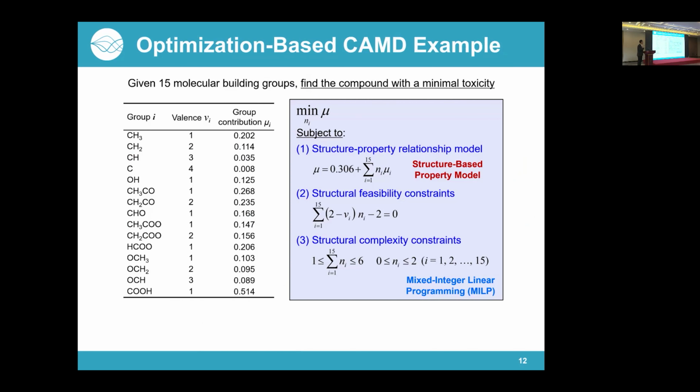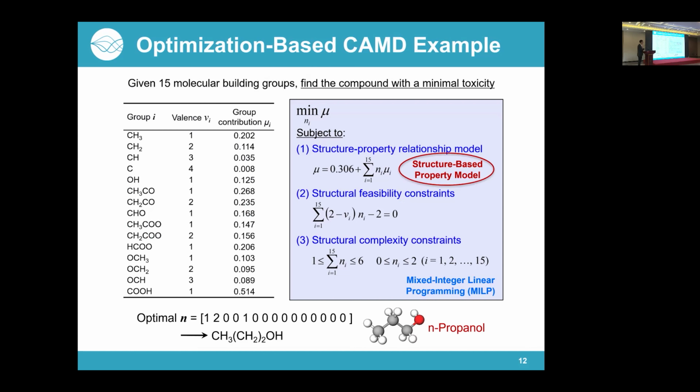Let me give you a very simple example. If I give you this kind of a set of molecular building blocks, I want you to design a molecule with, let's say, minimal viscosity and toxicity. You can build a structure-based property model with structural feasibility constraints or structural complexity constraints. Then you can get your best molecule.